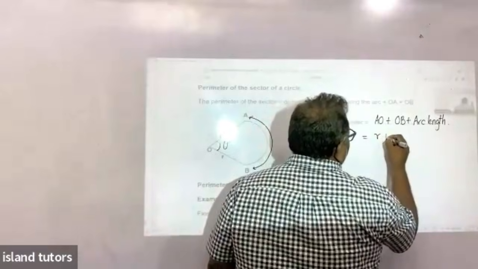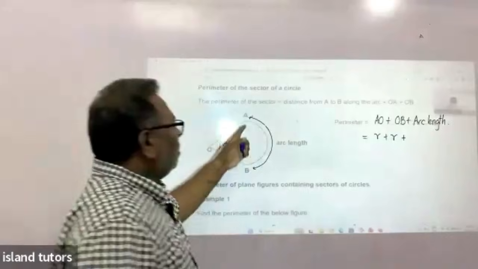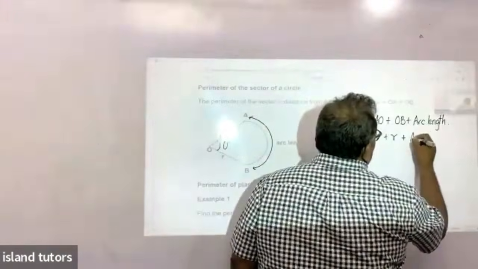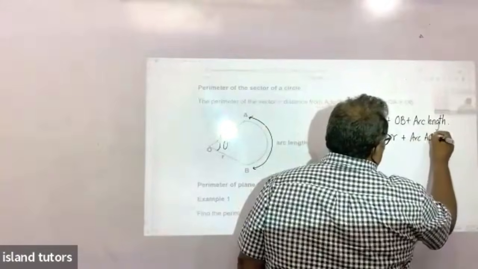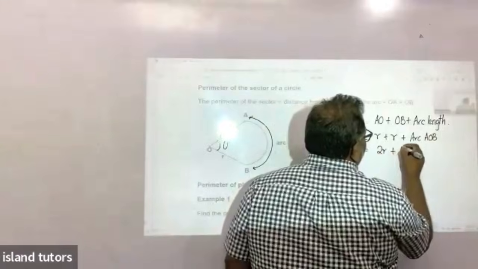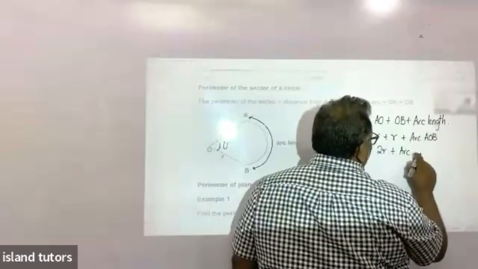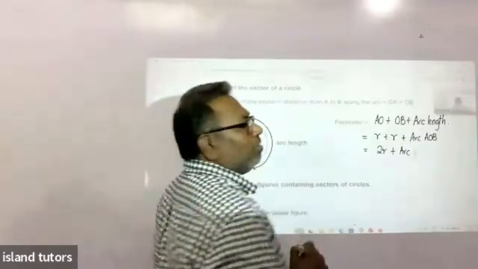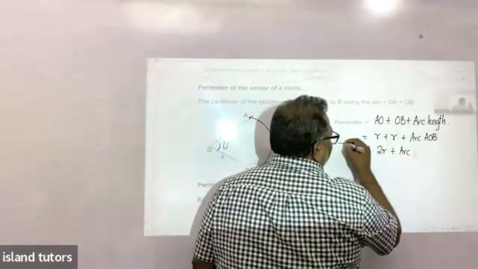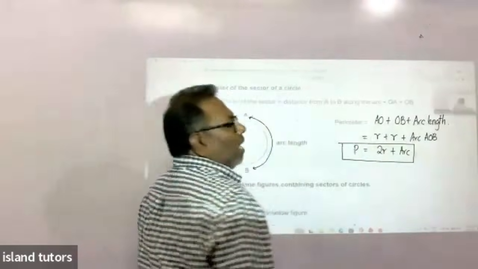AO is your radius, OB is your radius, your arc length is arc AOB. When you put this together, you have 2R plus your arc AOB. That's your perimeter. Perimeter is equal to 2 radii plus your arc.